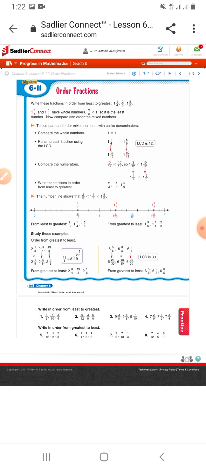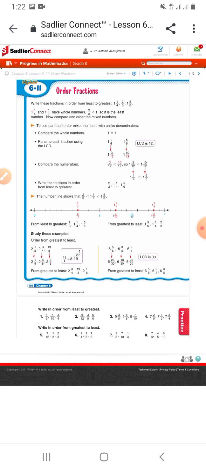You have to do something to compare and order, as you can see here. To compare and order mixed numbers with unlike denominators, you have to compare the whole numbers and rename each fraction using the LCD, then compare the numerators.